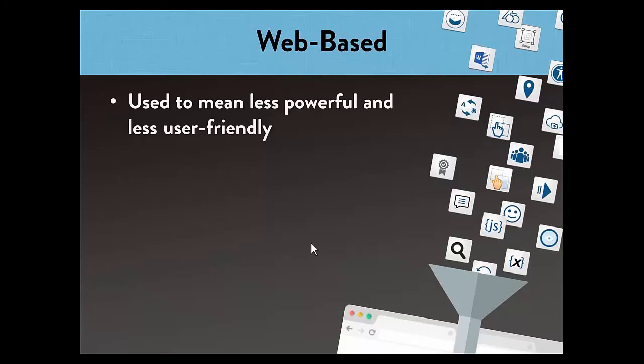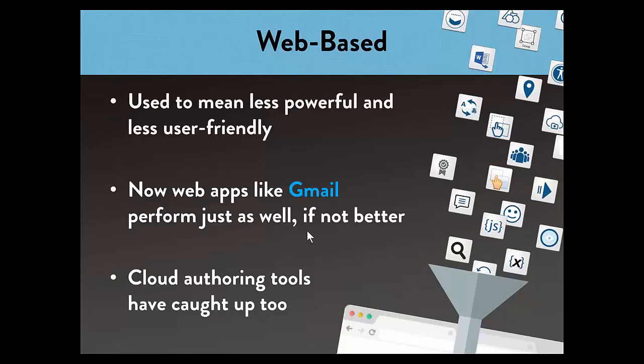Sorry. Yeah, so in terms of this one too as well, I mentioned this earlier, one of the key drawbacks, if we go back 10 years, was that the cloud-based systems were less powerful. And this was true of not only authoring, but other ones. But let's face it, when it comes to email, how many of you out there use Gmail or Yahoo or Online Outlook?